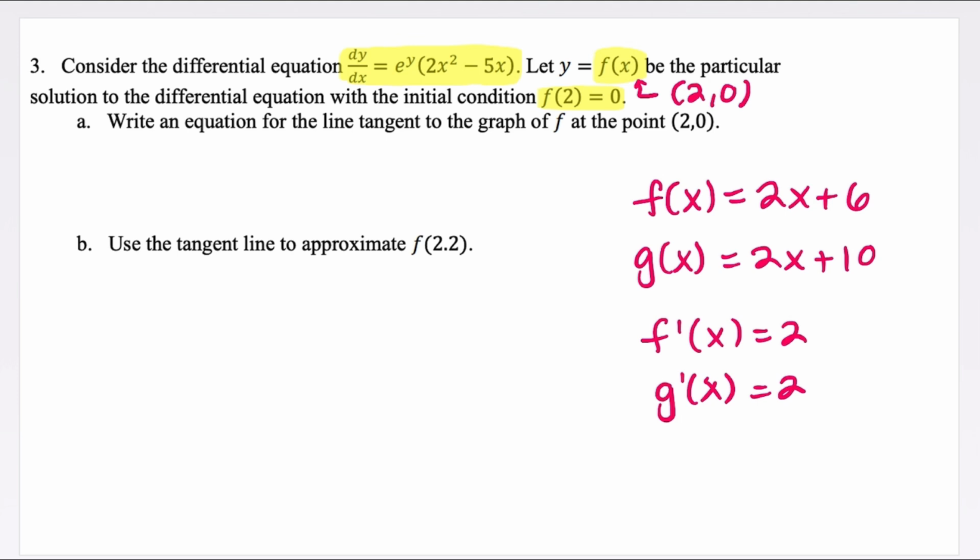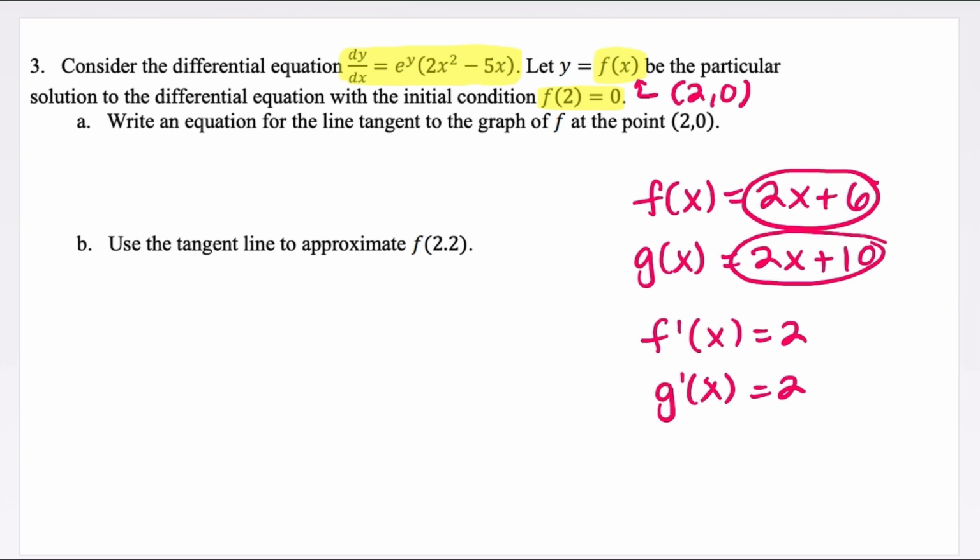But an initial condition actually gives you more information about the function because it ties in a particular form of that original function. So if I knew that f of 0 equals 6 on the original function, then I would automatically know that it would be this one. But if I knew that g of 0 equals 10 on the original function, then I would know it's this function. So an initial condition gives you more information about the original function.